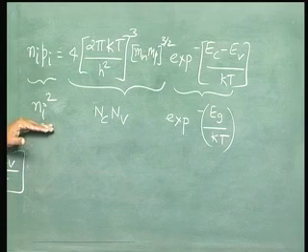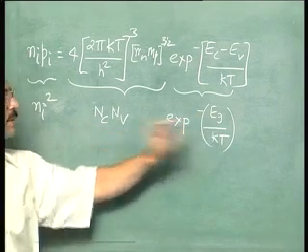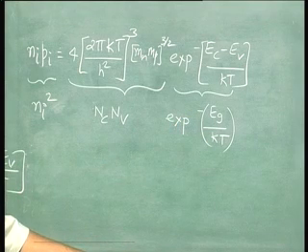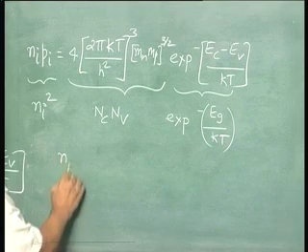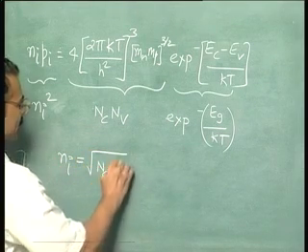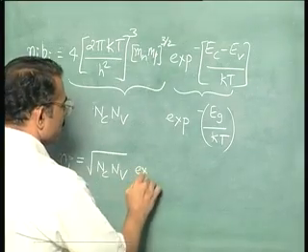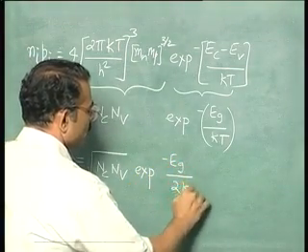So now I get the relation Ni square is equal to Nc Nv into exponential of minus energy gap by kT. And therefore I can write the formula Ni equal to square root Nc Nv into exponential of minus Eg upon 2 times kT.